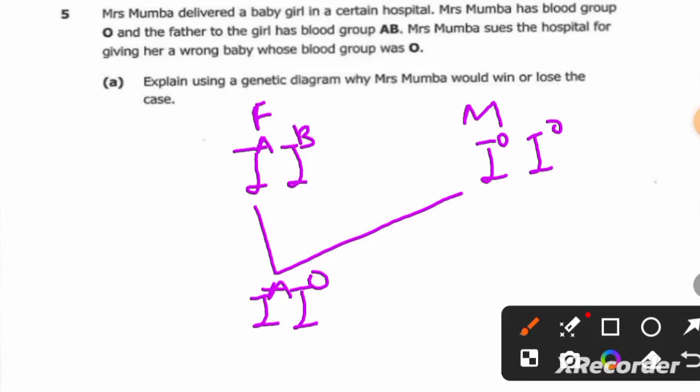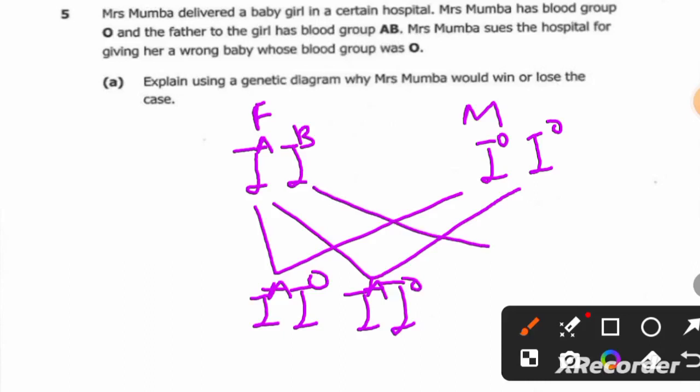So here it is showing blood group A, but this one is a carrier of blood group O. We cross this one and this one. Again, we are going to have an offspring with the blood group A. This one also has blood group A.